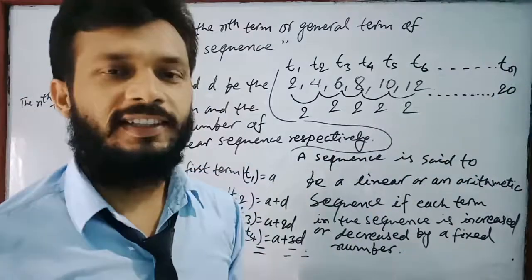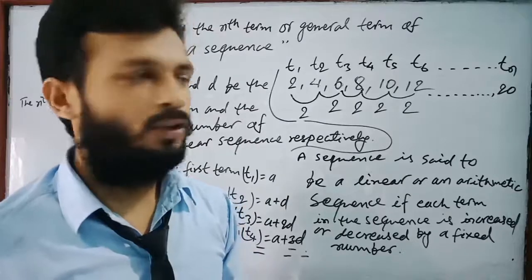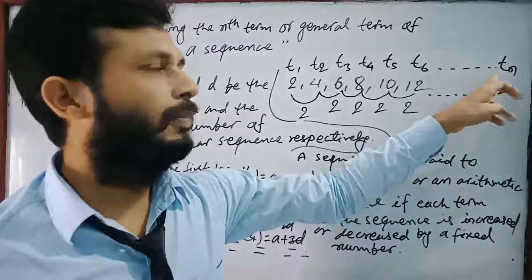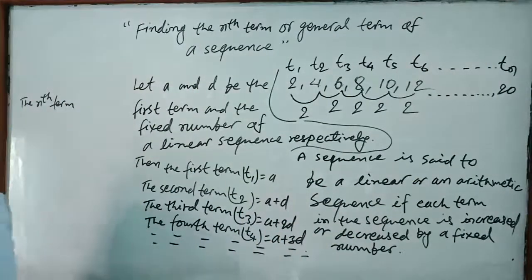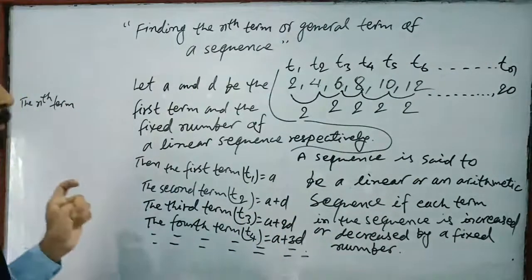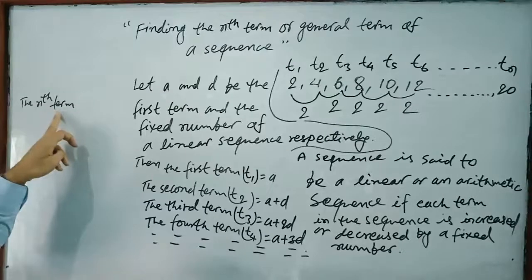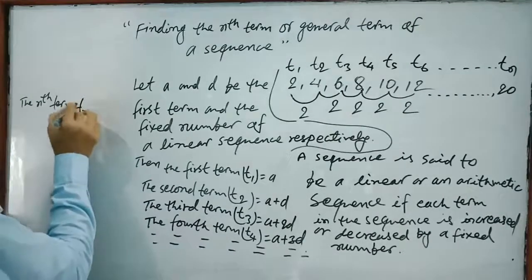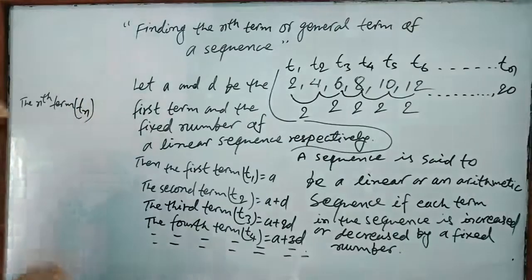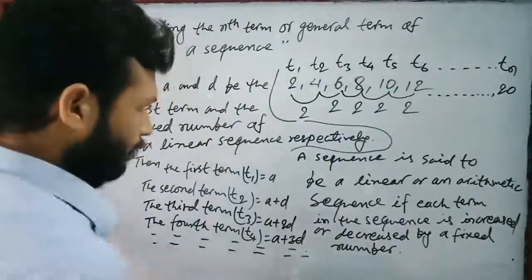The place of 20 is n. So 20 is denoted by Tn. Are you clear? Then how to find the nth term? Tn equals what? Let's see here.